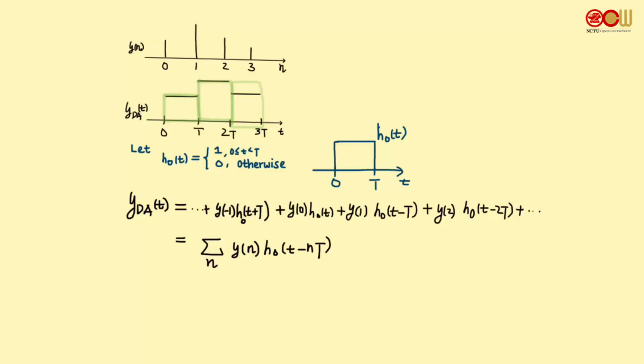Does this expression look familiar? Have we seen something like this before? This continuous time signal that is a sum of shifts of a certain function, and each shift has a different weight.